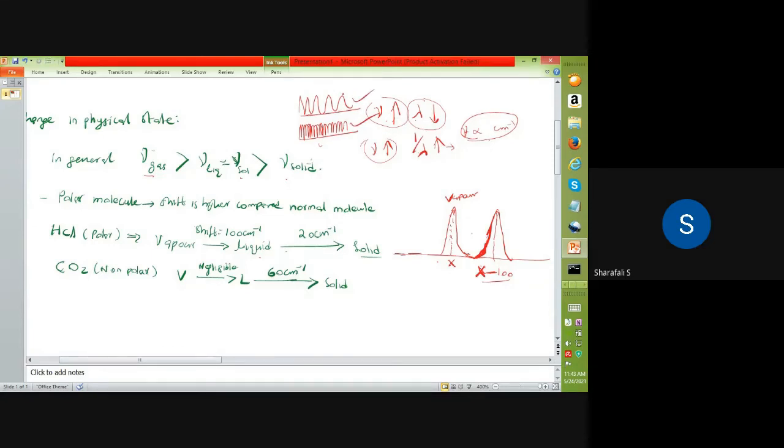So when frequency is higher, the number of waves per unit length, in centimeter in this particular case, is proportional to the frequency.